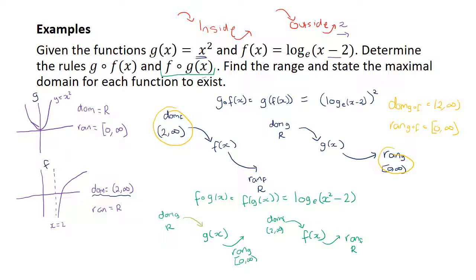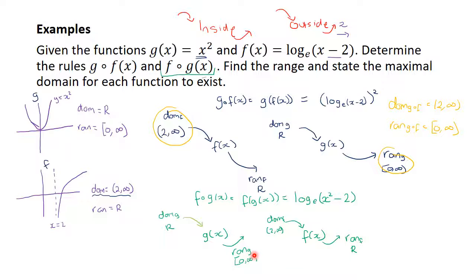Now this is where we run into a problem, because if we have a look, this time the range of g is not the same as the domain of f, okay? When these two are not the same, that means that I'm going to have to alter either the maximal domain for the function to exist, or the final range will be different.